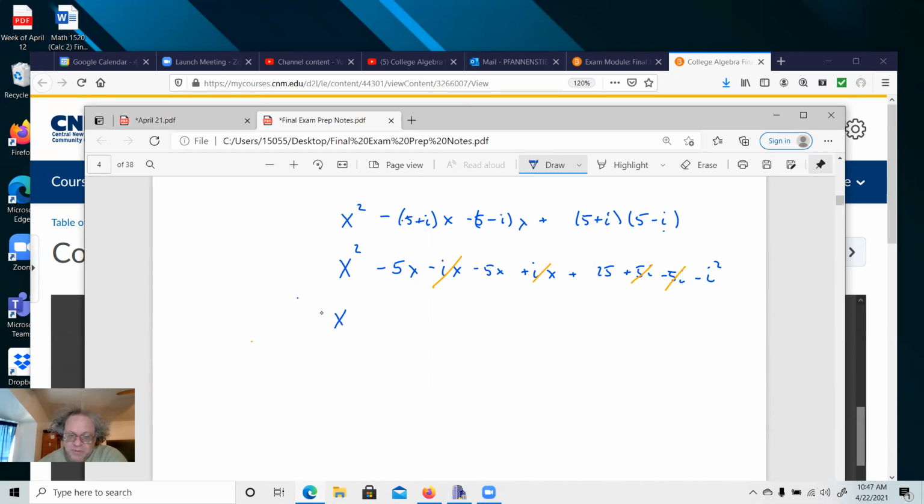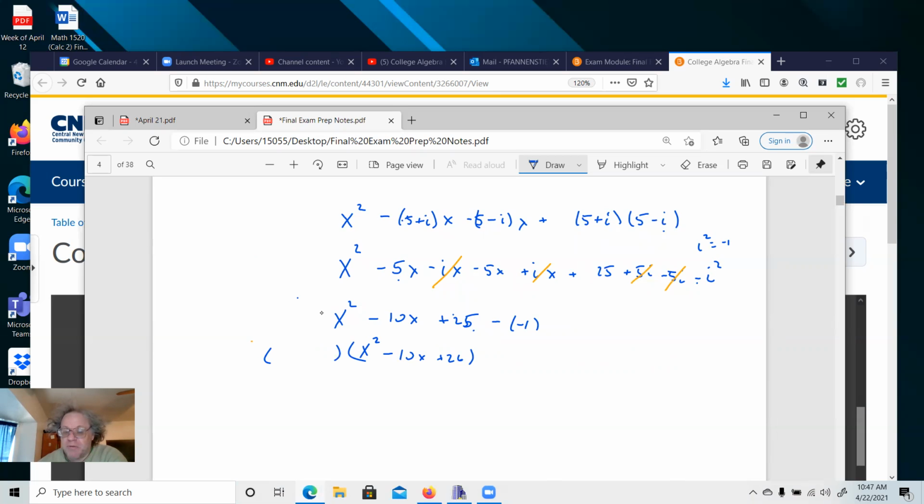We have x squared. We'll start combining some terms. Minus 5 minus 5, it's minus 10x. Here's 25. What's a minus i squared? That's a minus -1, because i squared is equal to -1. So we have x squared minus 10x plus 26, because 25 minus a -1.